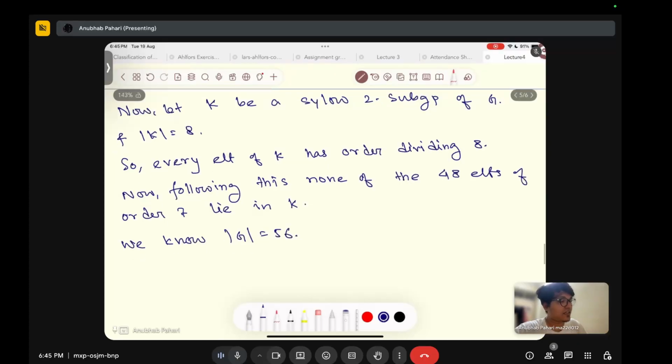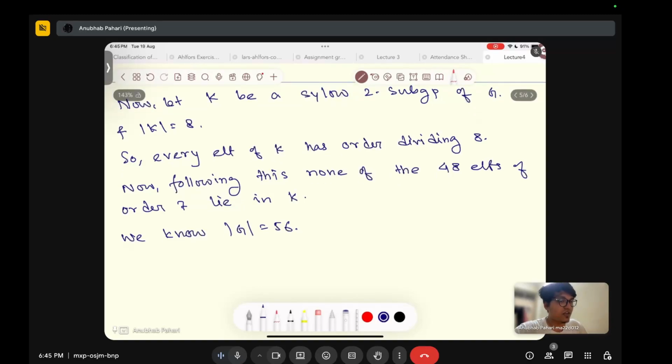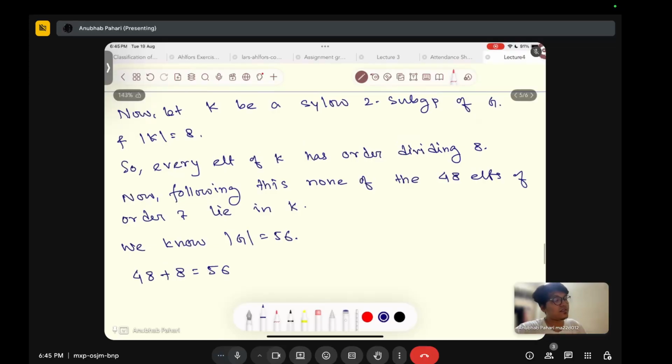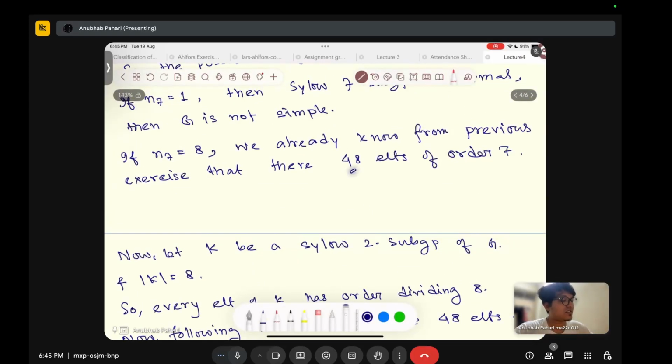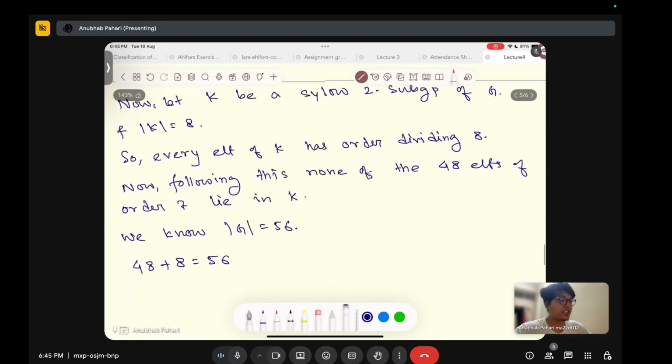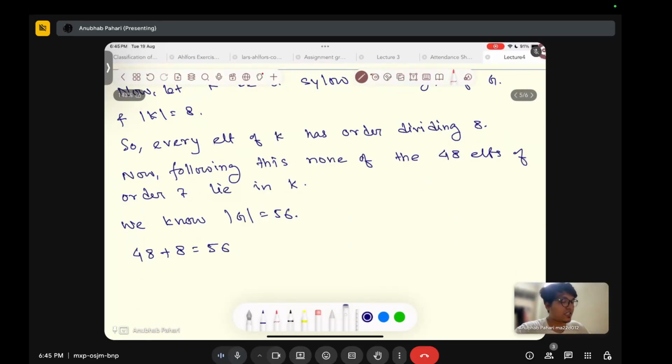So we are already covering 56 elements. 48 plus 8 equals 56, and all the elements in this were non-trivial. I mean, we did not count the identity, and we are already counting the identity in K.